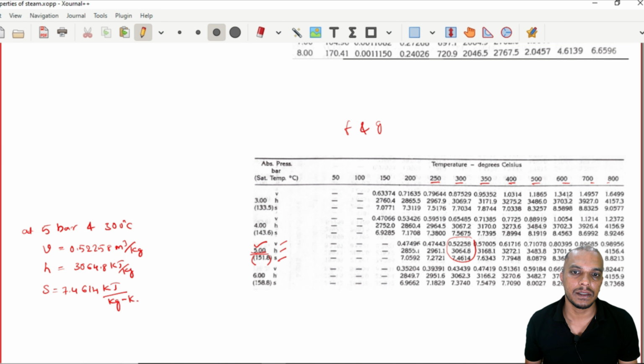So, we can take a few more examples and try to solve, but this is the idea. For the given pressure, if the temperature is greater than the saturation temperature, go to the superheated table and from the superheated table, you can copy the properties.